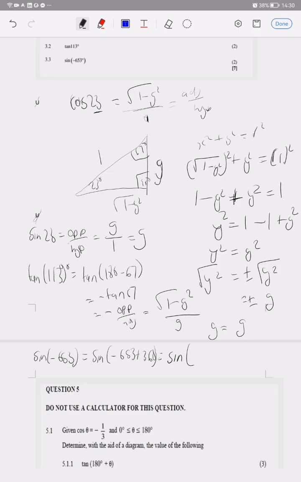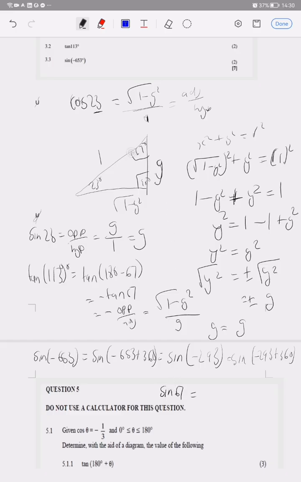Negative 653 plus 360 is negative 293. Again, plus 360 is sine of negative 293 plus 360, so it's going to be sine of 67.